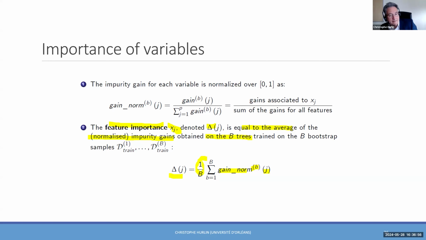Yes, Mirai? So actually, I have a question. If I understand correctly, the impurity was a parameter that we used to see the percentage of the examples that are not part of the group or the child node.